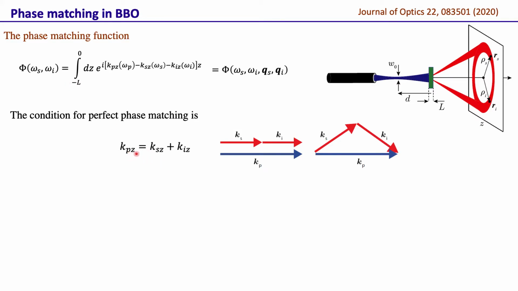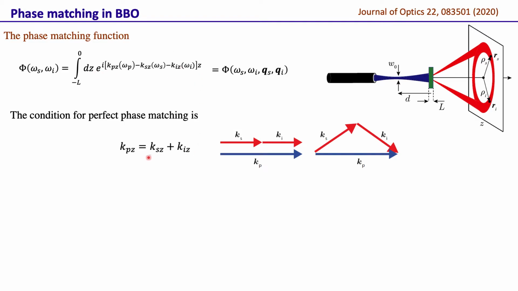So even when kpz is not exactly equal to ksz plus kiz, this quantity is still finite, but of course it won't be phase matched and the down conversion will not be as effective as when this quantity is equal to 0.